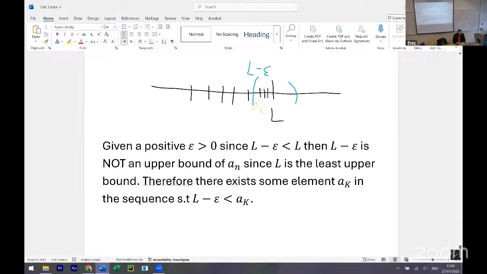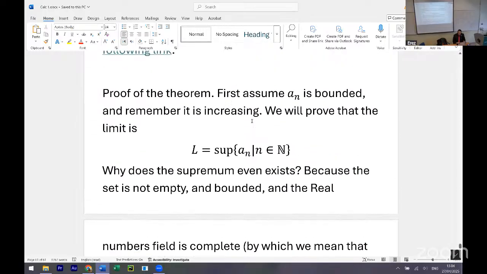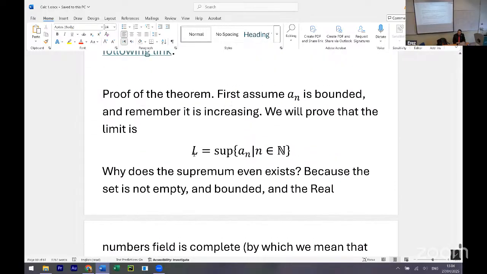Sorry, what are you trying to prove here? The limit of A N. So the general claim: a bounded increasing sequence has a finite limit. The finite limit is the supremum. So that's what I'm doing.